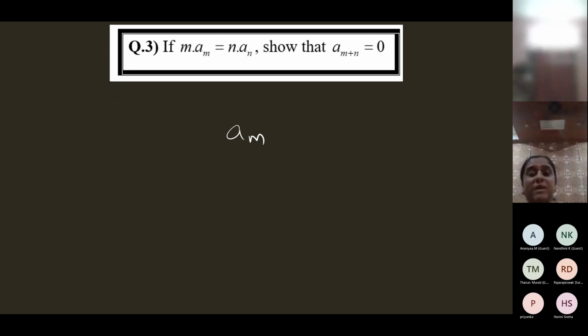So say, if m times the mth term is equal to n times the nth term, then show that the m plus nth term is 0.